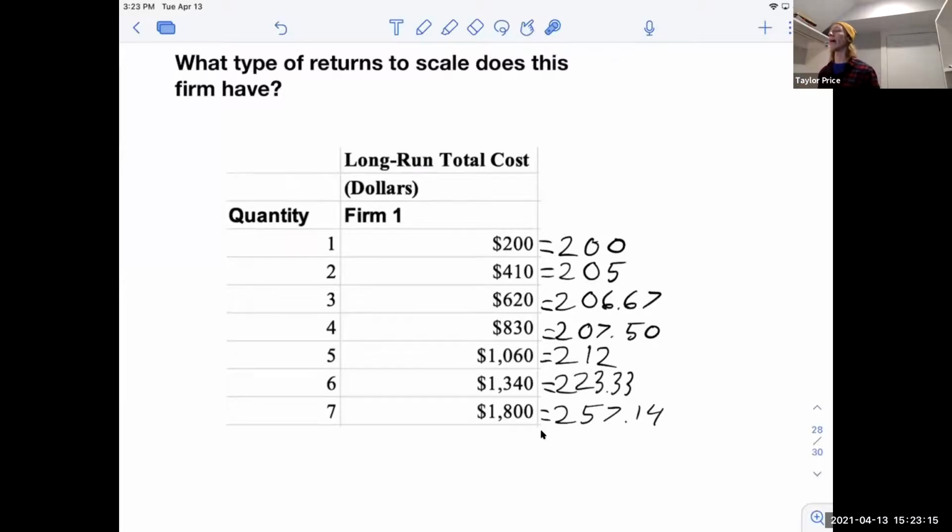And we can see that the average long run total costs are increasing as the firm produces more of the good.